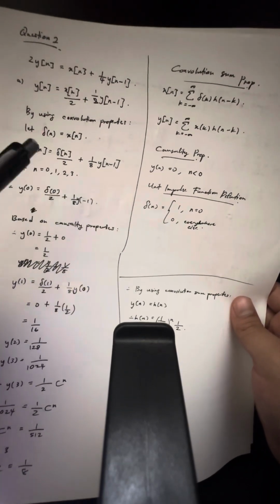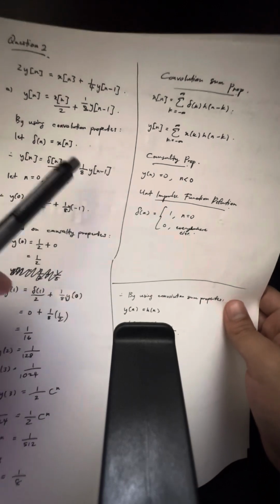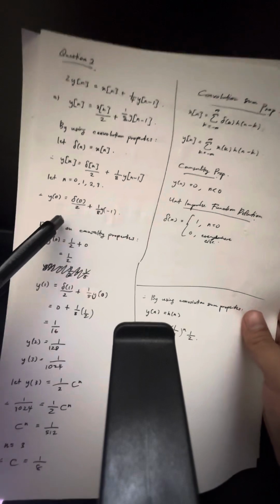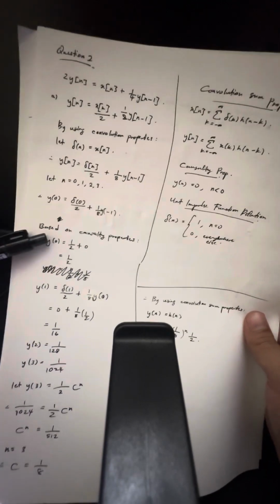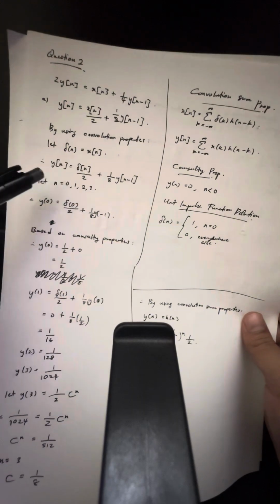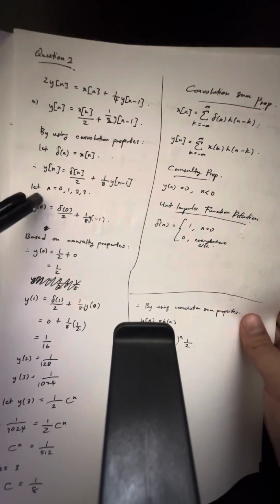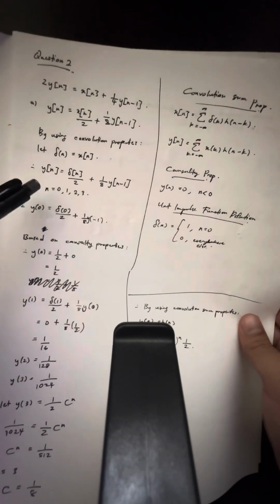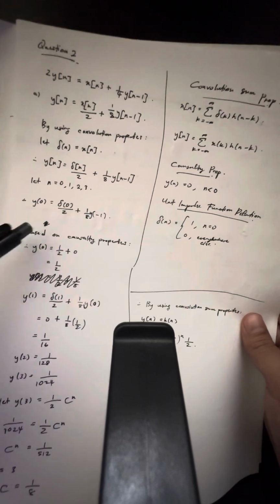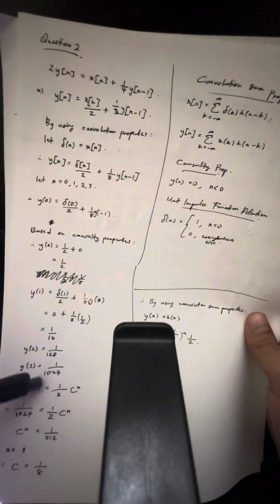So we can put in delta of n over 2 plus 1 over 8 y of n minus 1. We need a couple of values for n so we can check that it is accurate. By letting n be 0, 1 to 3, we can calculate from y0 up until y3.